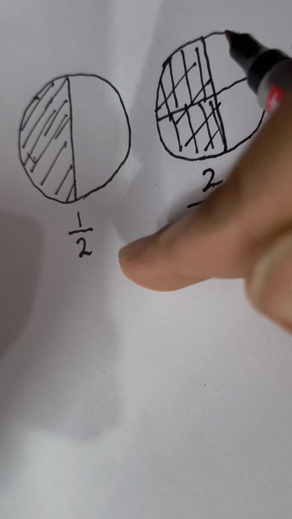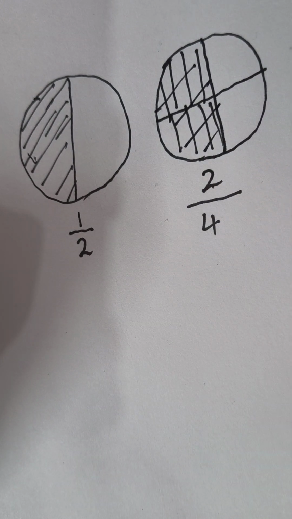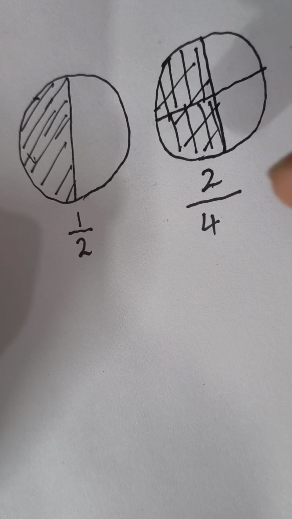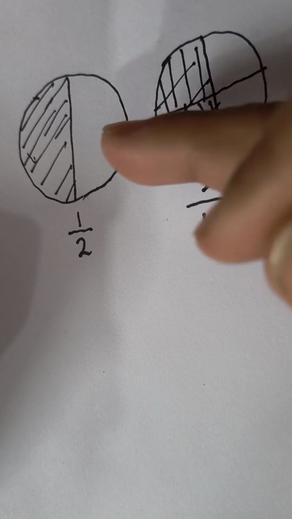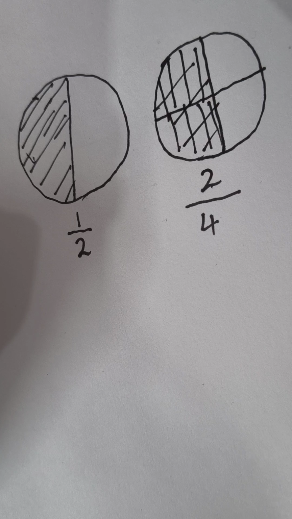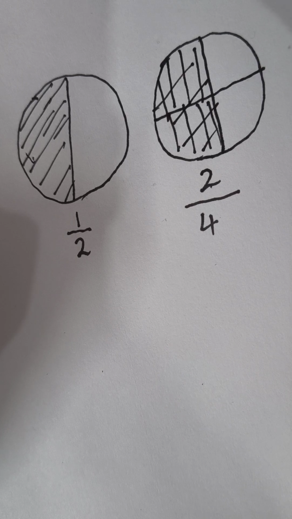So these 1 upon 2 and 2 upon 4 are equivalent fractions. They show the same value, whereas the numerators are different as well as the denominators are also different.